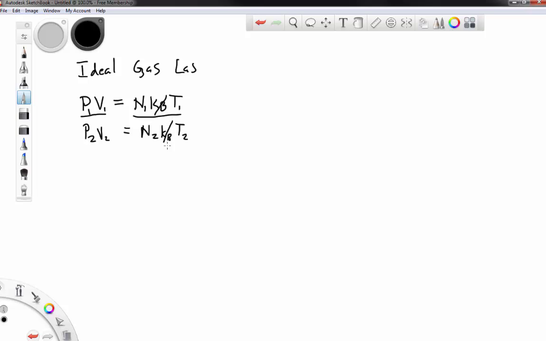Okay, so in the actual question, the fire has broken out in such a way that the final temperature has increased to 1.2 times the initial temperature. By the way, these temperatures should be in Kelvin. So both are in Kelvin.